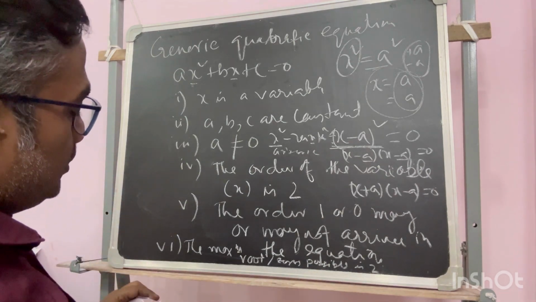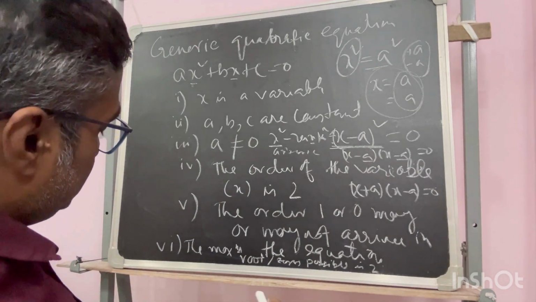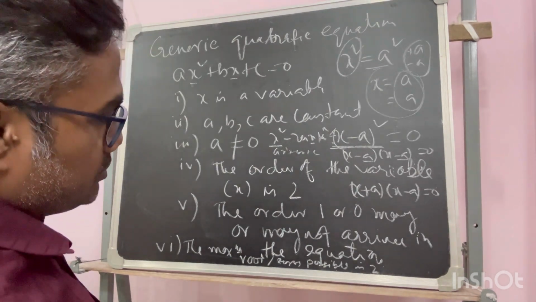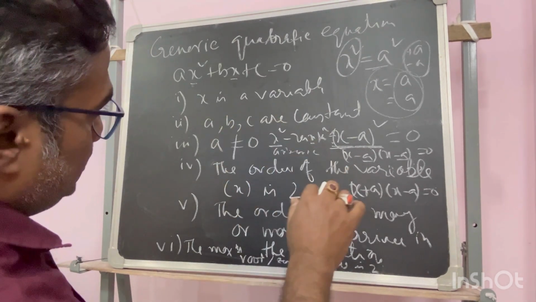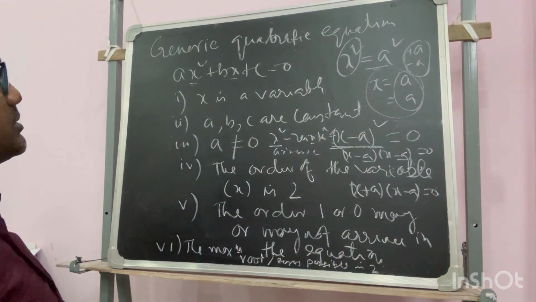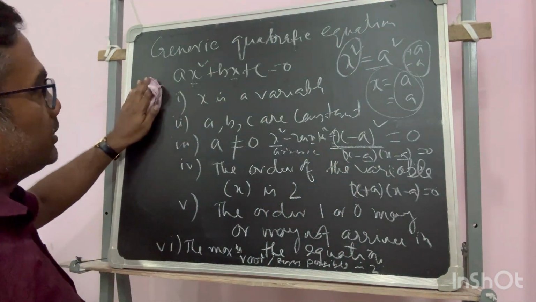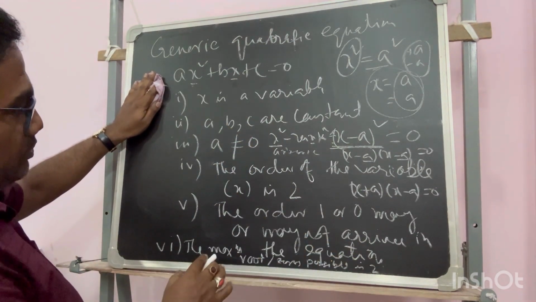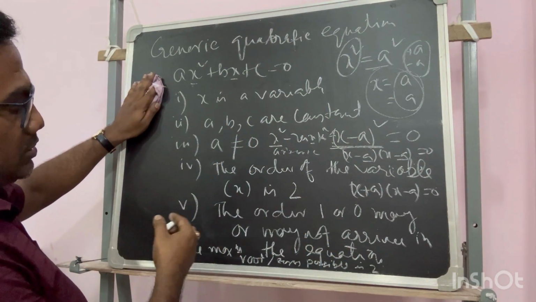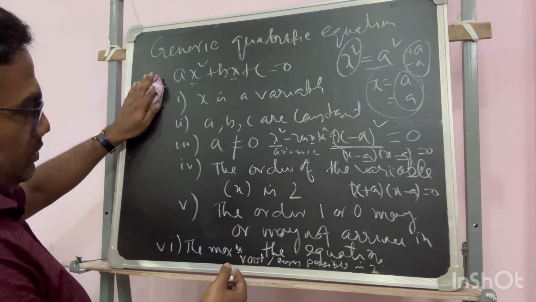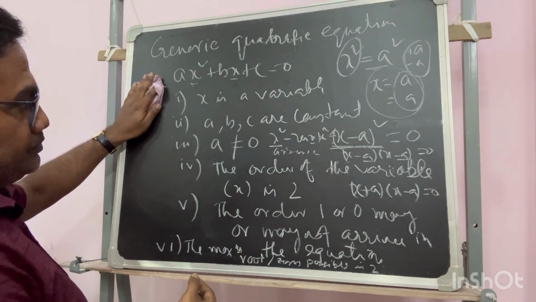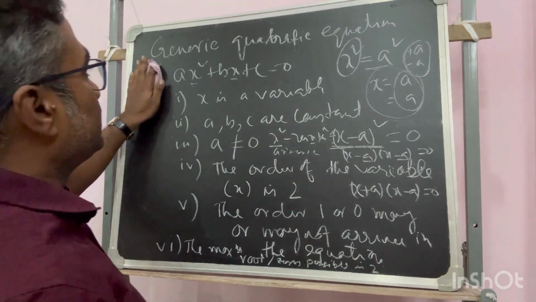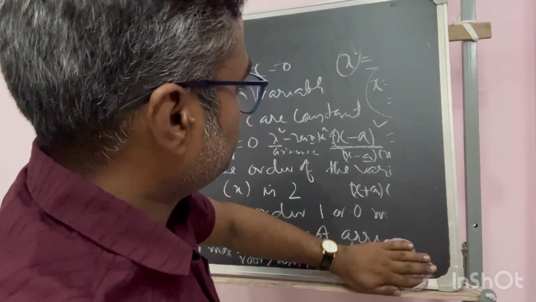Now some more associated theories or concepts will come when I discuss the quadratic equation in detail. Okay, so these are the main properties, or features, of a quadratic equation.